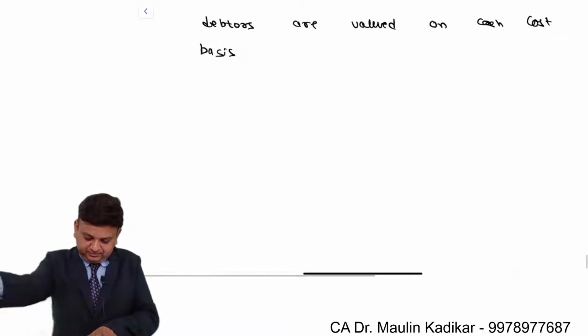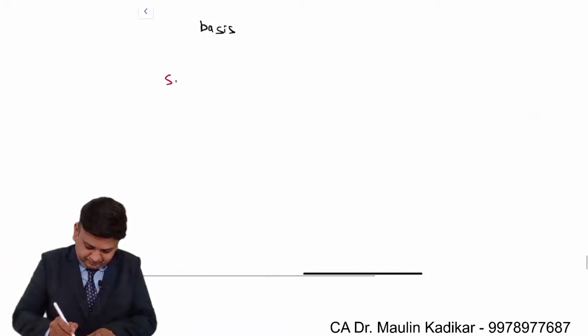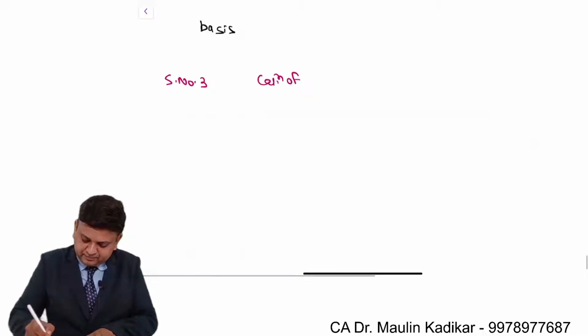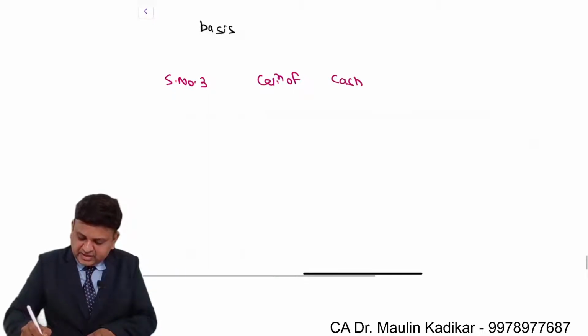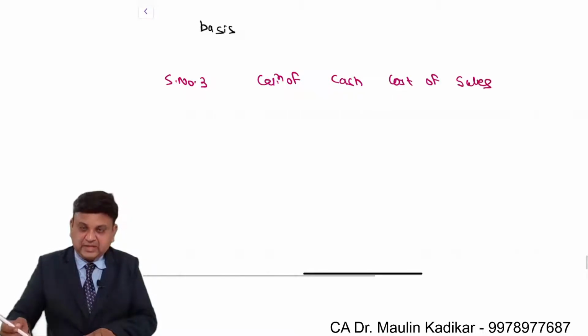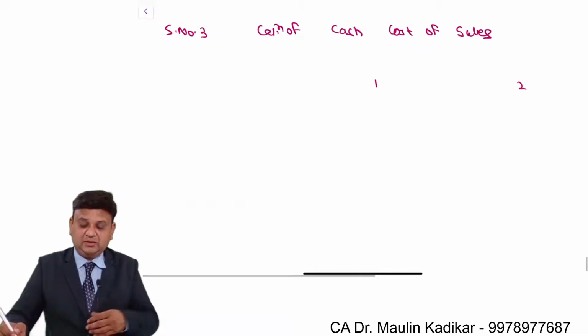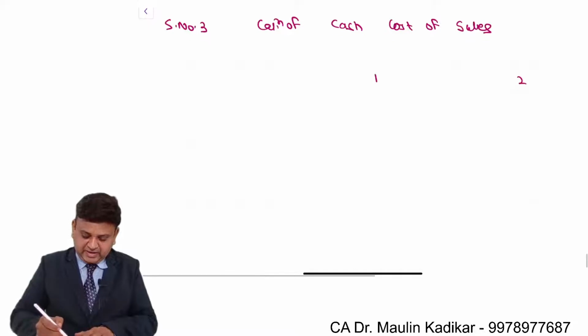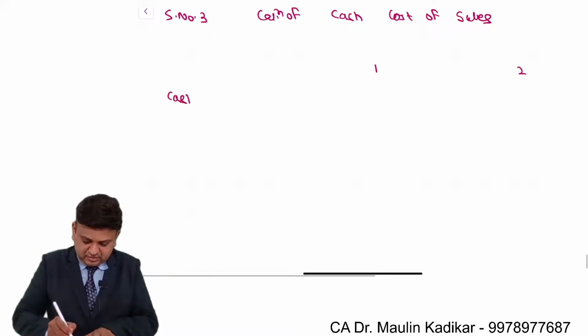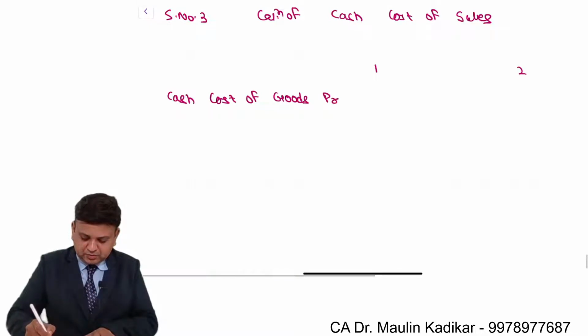Step number 3, calculation of cash cost of sales. Let us understand how to find it for the first year and second year. Already we have calculated the cash cost of goods produced.